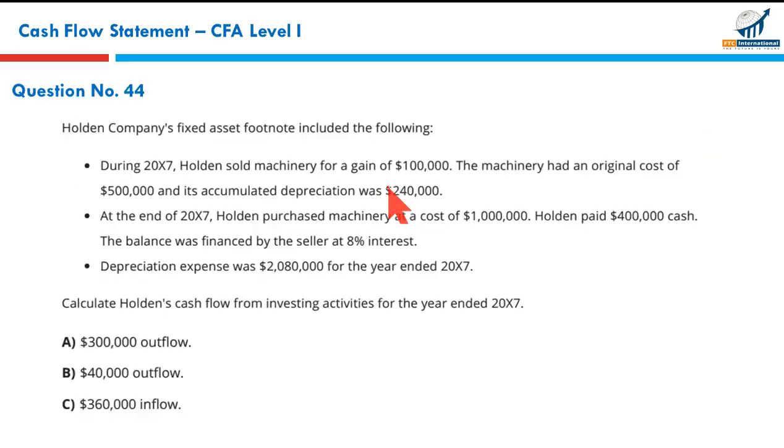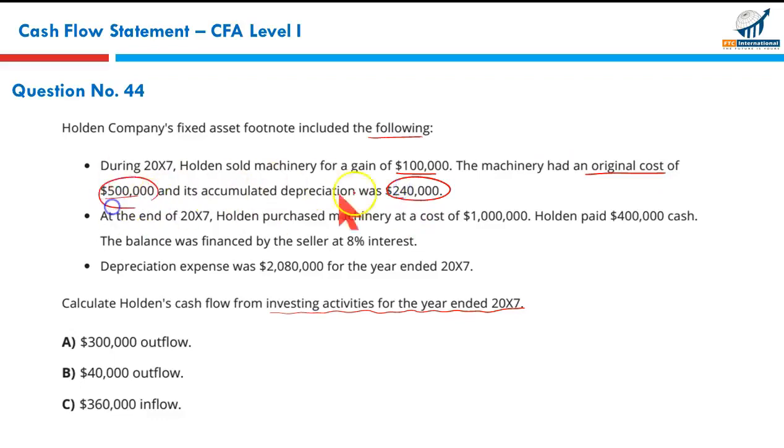Next is Holden Company's fixed assets footnote, which included the following. What do we need? Cash flow from investing activities for the year ended 2007. Sold machinery for a gain of $100,000. The machinery had an original cost of $500 and an accumulated depreciation of 240.